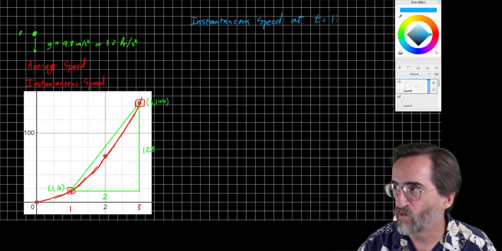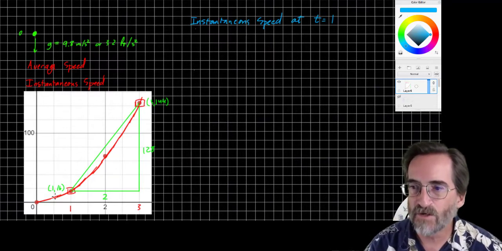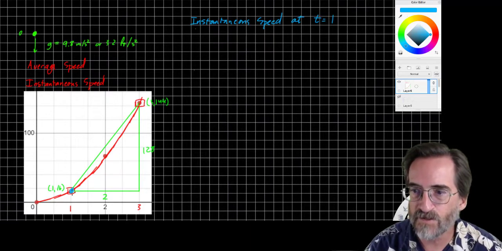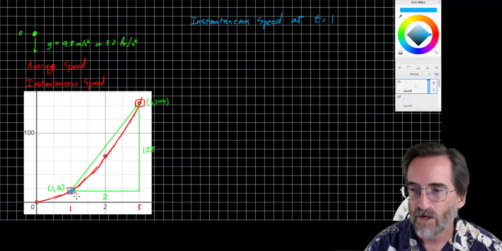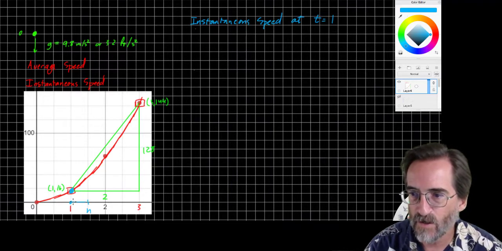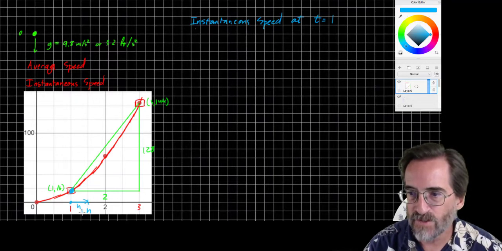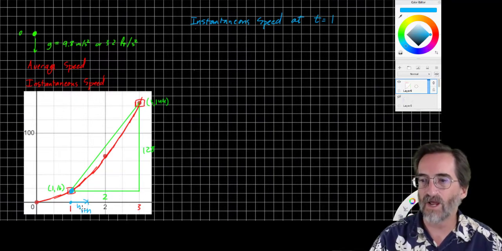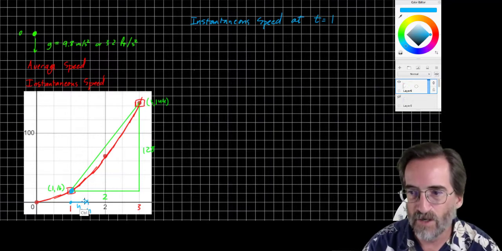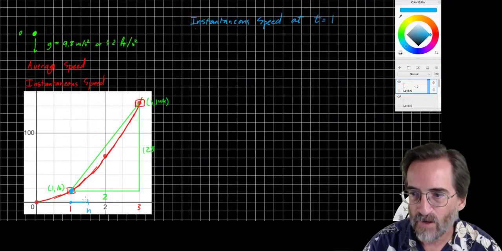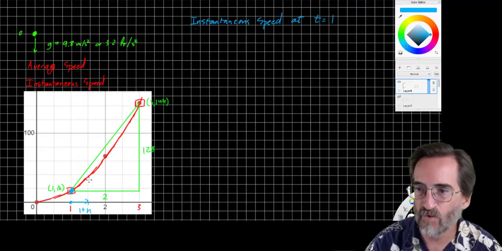at t equals 1, right? So here's what I'm going to do. I'm going to consider 1 as our time, but I'm going to add some amount we're going to call h, right? 1 plus h. We're going to add h to 1, so we're going to get 1 plus h as this point, right?